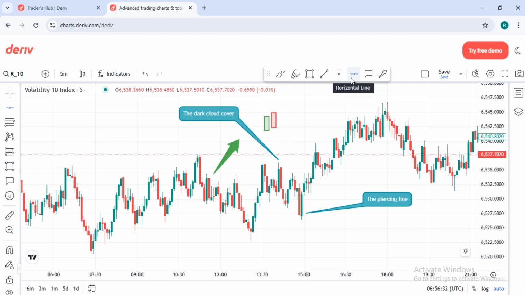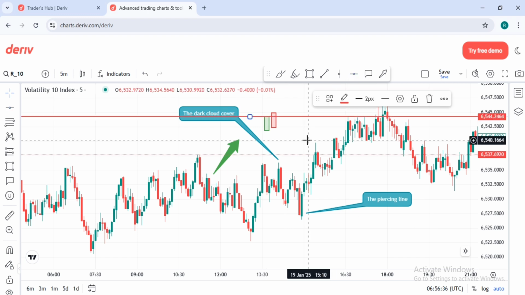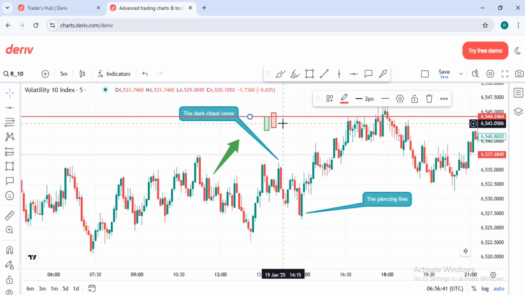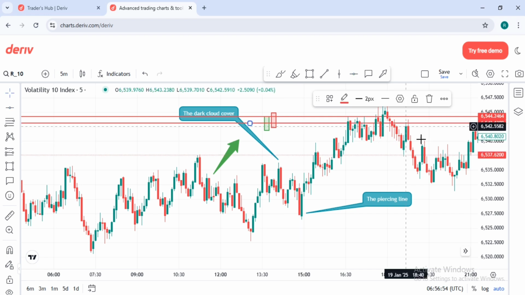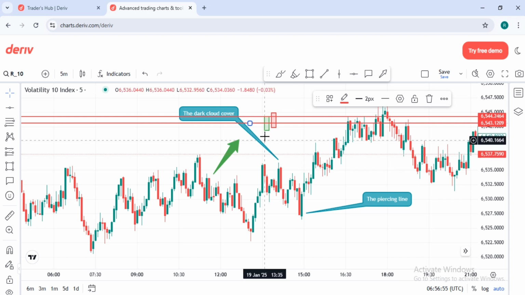The red one must start above the green one. So let's say, for instance, the green one closed here. The red one has to start above it, and it has to close past half of the real body of the green one. So if the green one, its half is that point. So look at this.